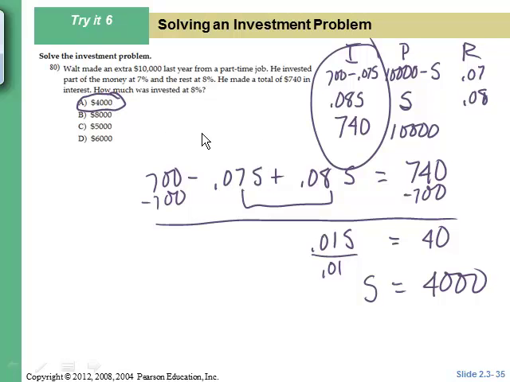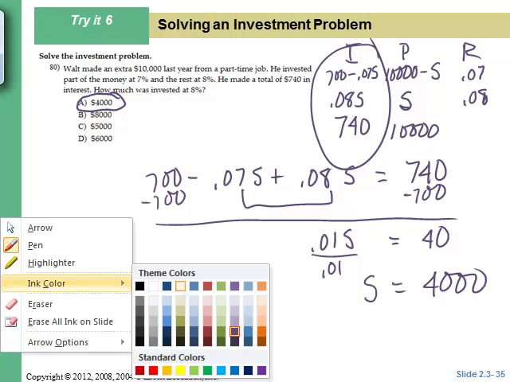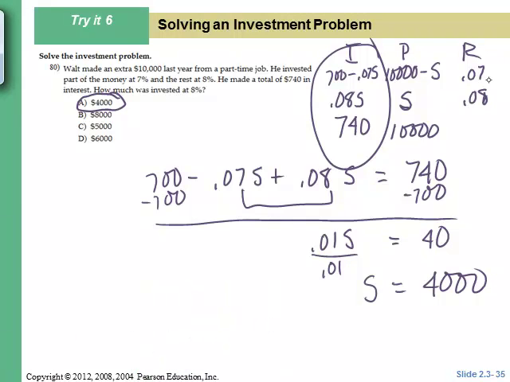It didn't ask us for how much the first amount invested was, but let's do our math just to make sure that we got the right answer. 0.08 times 4,000 is $320. 0.07 times 6,000 is $420. Add those two together, you get $740, which is the amount that he had originally invested. Okay.